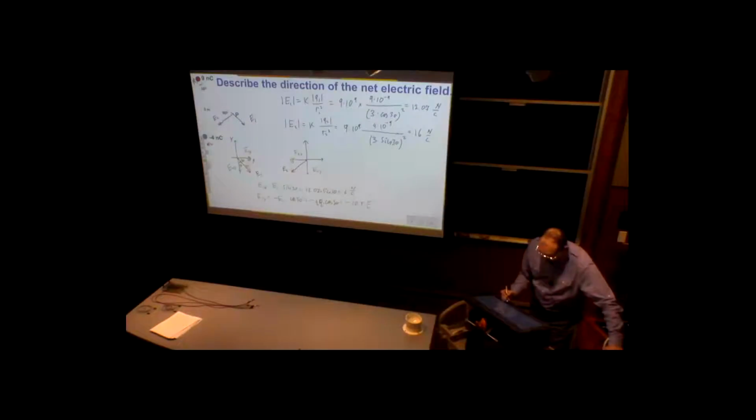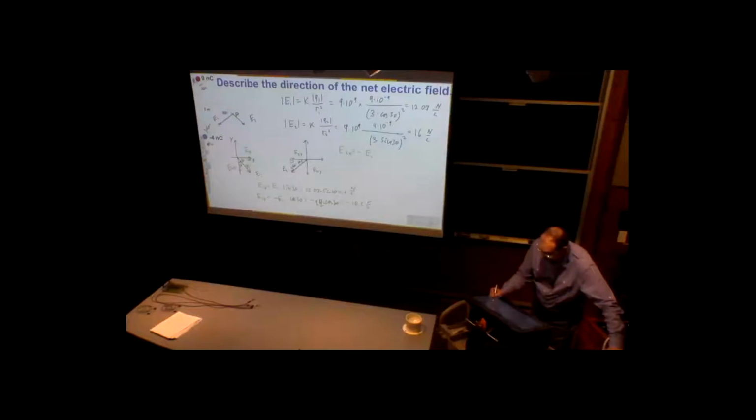So in this situation, we may need to do some extra drawing. I know that's supposed to be 60. So a vertical direction, so that's supposed to be 60. That's supposed to be 30. Now we can start writing the components. E2x is positive or negative? Negative.